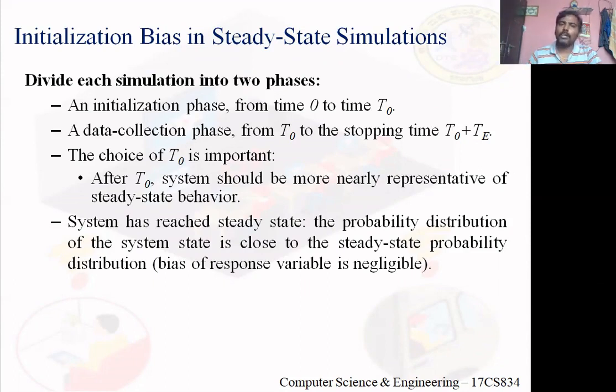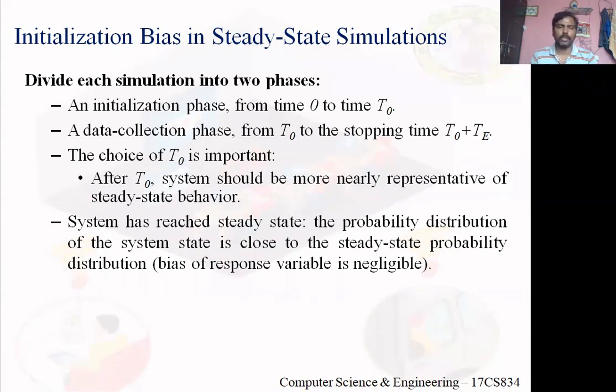Clear? So initialization phase means we need to run. The starting time is always 0, but from time 0 we do not immediately observe the output measures. We wait until the clock reaches t0. Starting from t0, we gather the data.